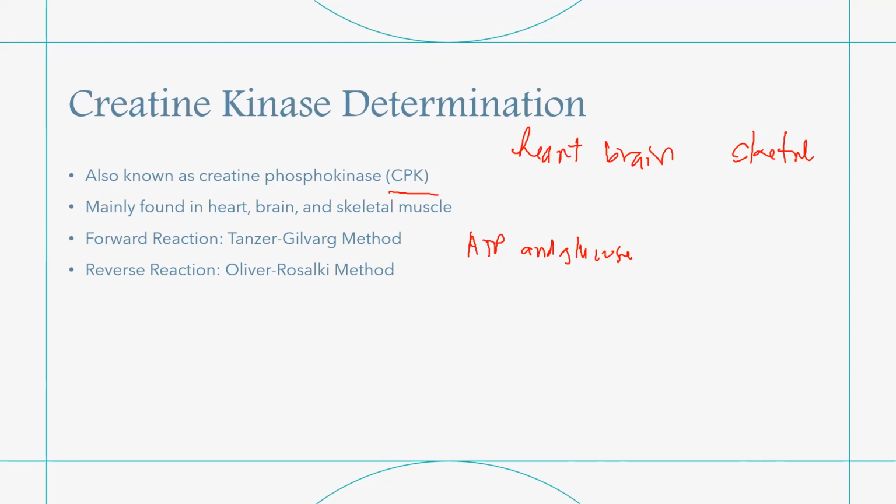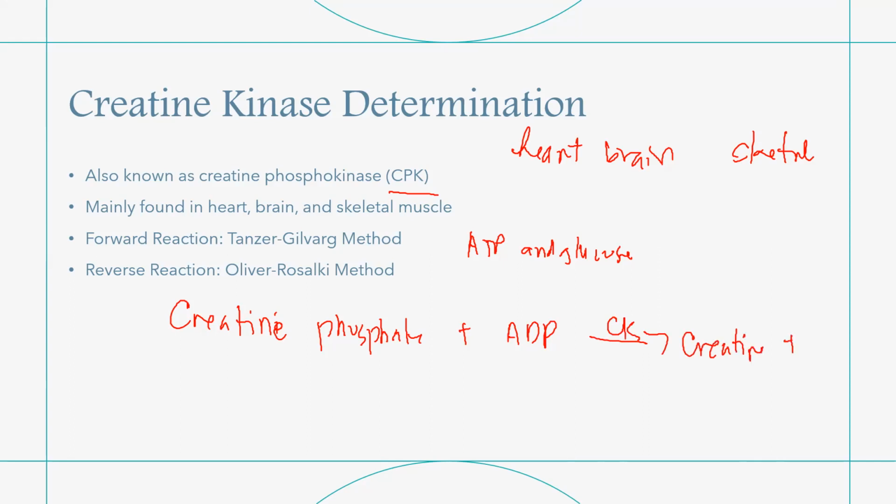So we have creatine phosphate plus ADP, and through the action of CK, it will give you creatine plus ATP.